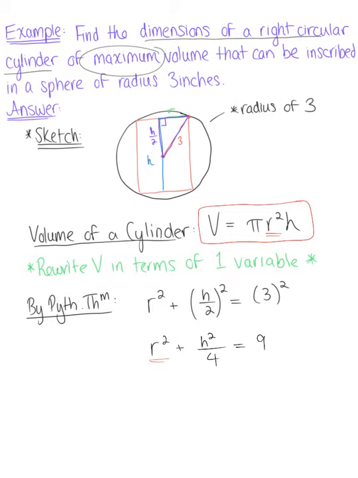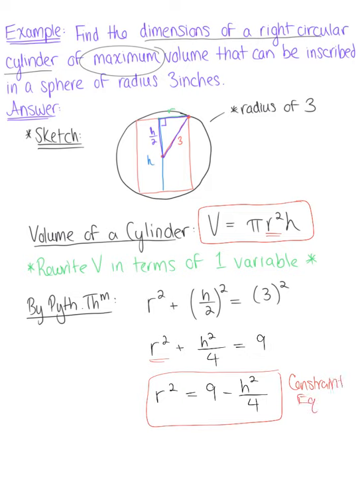So we can solve here for r squared and say that our radius squared is equal to 9 minus the height squared divided by 4. And so we have established a constraint equation that we can now go ahead and substitute into the objective equation.